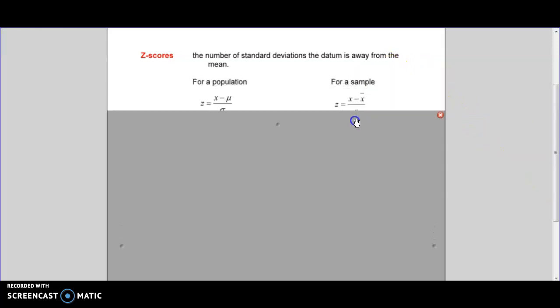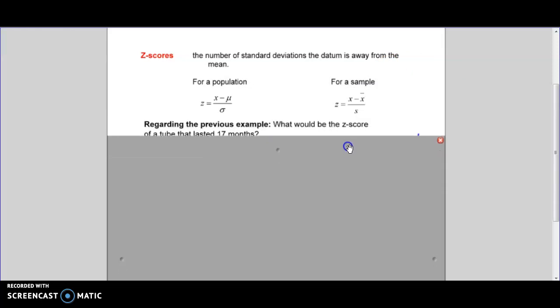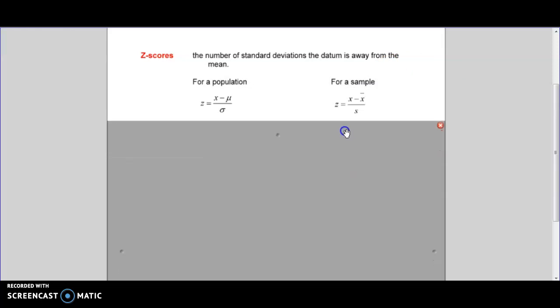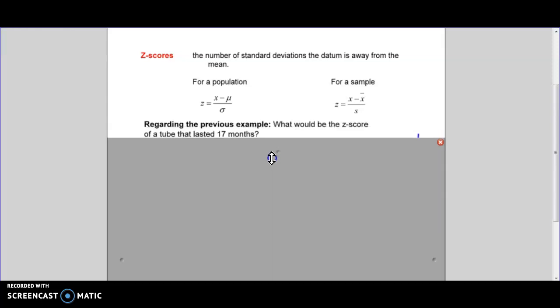Okay, so again, let's try doing an example here. Actually, before we get to the example, again, we need to distinguish between population and sample. You can see here, the formula is x minus the mean, so mu for population, x bar for sample, over the standard deviation. Sigma represents the standard deviation for a population, and S represents the standard deviation for a sample.